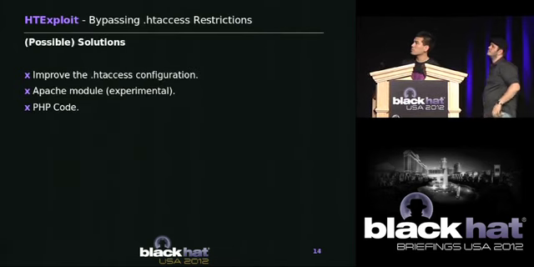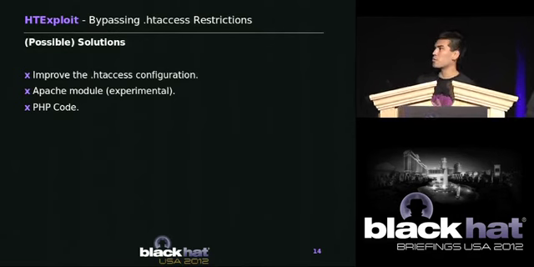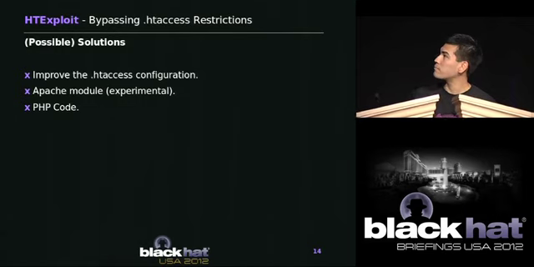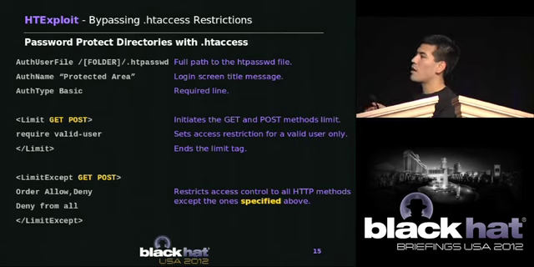Possible solutions: improve the Htaccess configuration, the Apache experimental module, and the PHP code. From the Htaccess configuration, you would use, for example, limit get and post. Add also the limit except get and post. This says that the access control restriction applies to all the HTTP methods except the ones specified above.